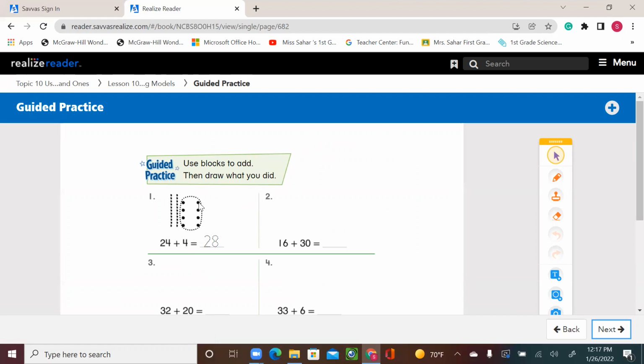So here are the dots, 4 ones: 1, 2, 3, 4. So now I can tell that all I have are ones, so I'm adding all the ones together. I put them in a circle. So I put the 4 ones that are in 24, and then the 4 ones that are separate here, in a circle. So your answer is 20, and then add the ones. 4 plus 4, I know my doubles, 8. So 24 plus 4 equals 28.